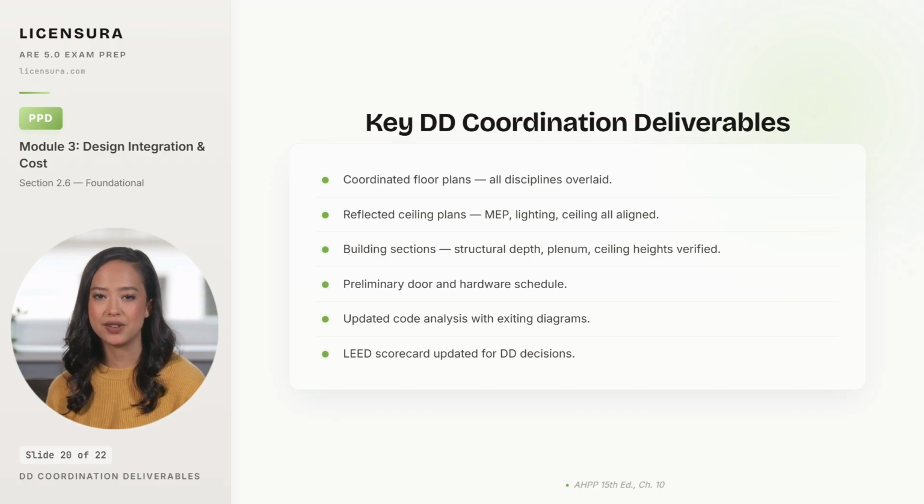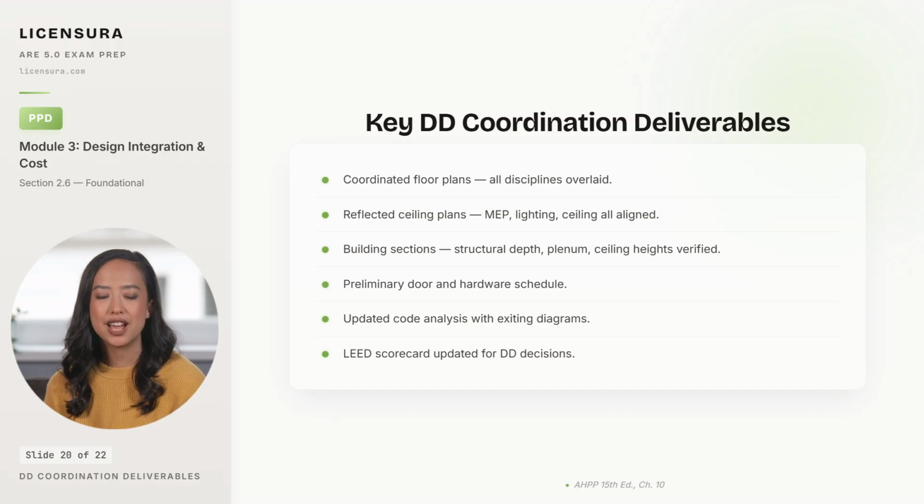Updated code analysis with exiting diagrams, because exit path distances, stair widths, and occupant loads must be verified against the actual DD plan, not the SD placeholder. And LEED scorecard or sustainable design checklist updated for DD system selections, because credits the team thought were locked in at SD often have to be reconfirmed against the actual product specified at DD.